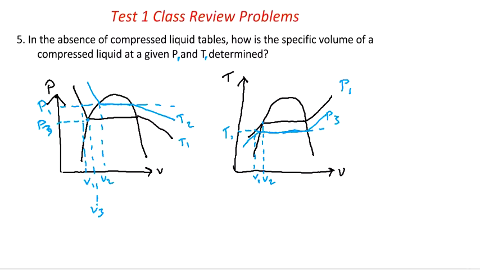Alright, and that again produces a V3, which is right in between V1 and V2. So if we have no compressed liquid table, and the closest we can find is a v_fg on a saturated liquid-vapor table, then all we're going to be able to do is choose the same temperature, not the same pressure.